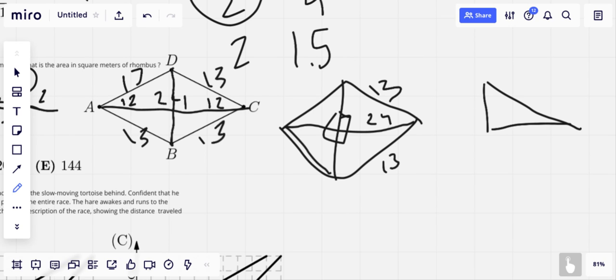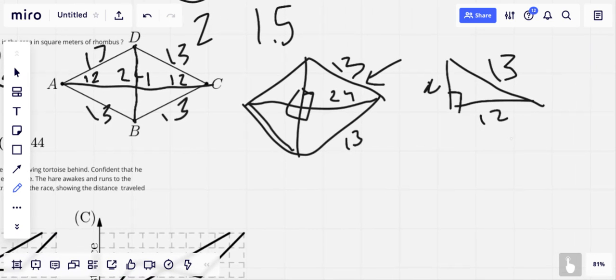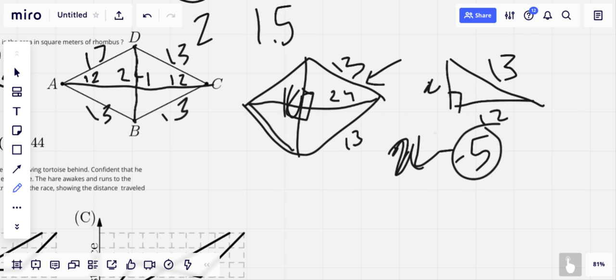If we zoom in on this side, then we would get 13 here, 12 here, and we're trying to find x. So we can use the Pythagorean theorem, or if you know the Pythagorean triples, you recognize that x is equal to 5. So that means that the total length of the second diagonal is 10.